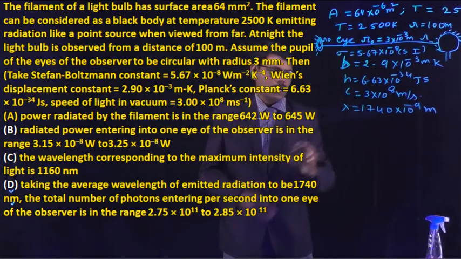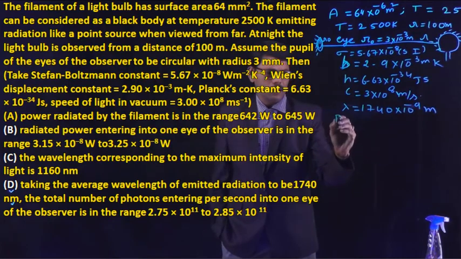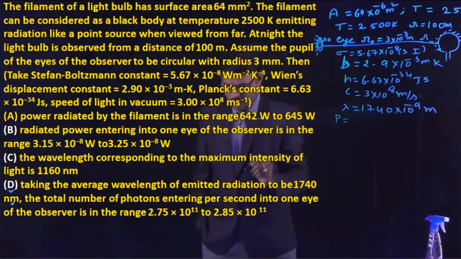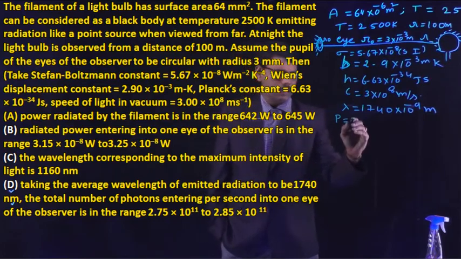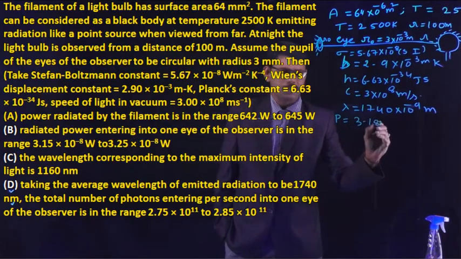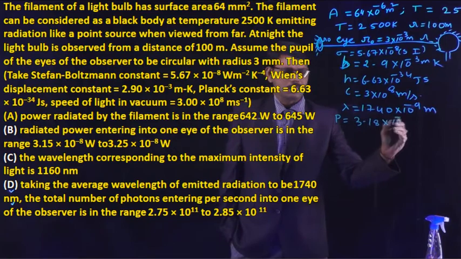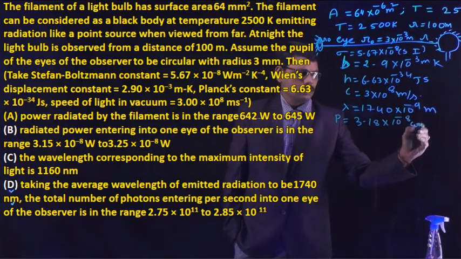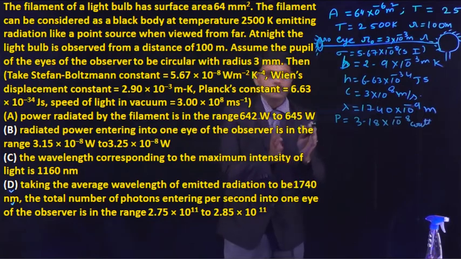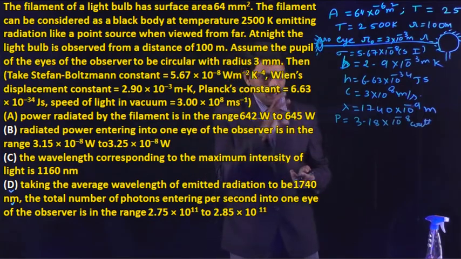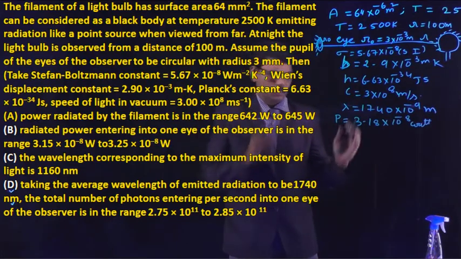We calculated the power of the light entering the eye, which is already in option B: 3.18 into 10 power minus 8 watts. From this power we have to find the number of photons entering the eye.